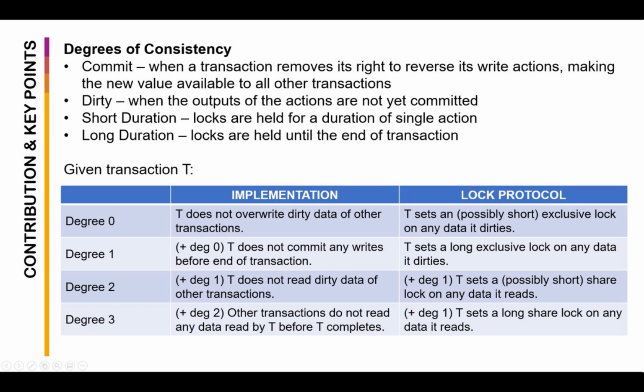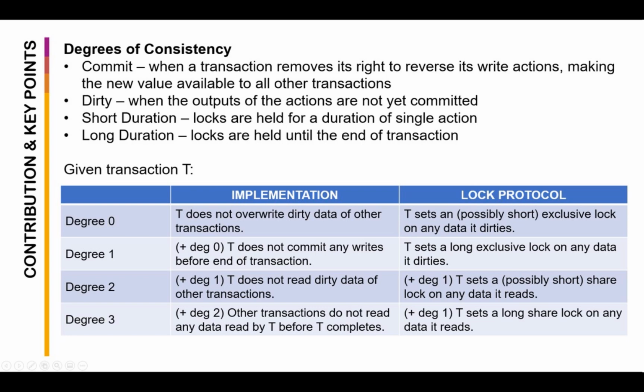Now, the degree 3 protocol performs as if the transaction is alone. Combining degree 2 implementation, other transactions do not read any data read by transaction T before the transaction is completed. It isolates the transaction from dirty relationships among entities.